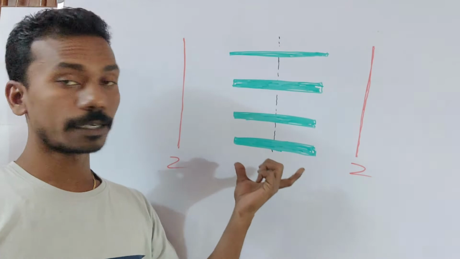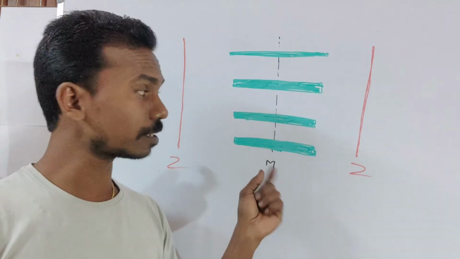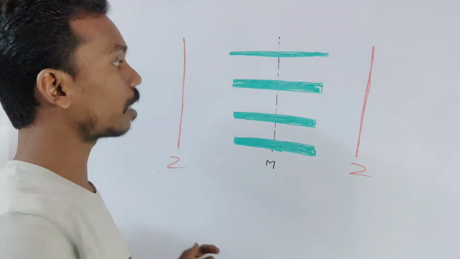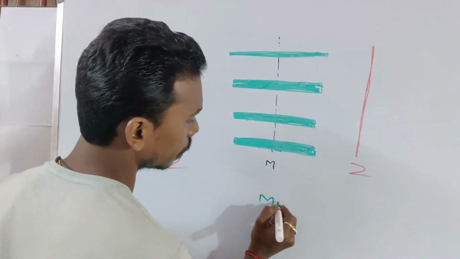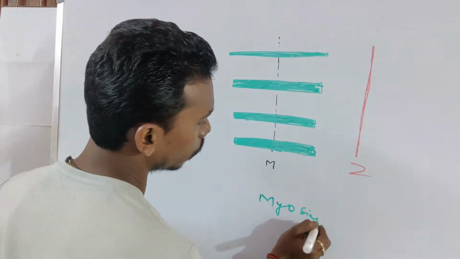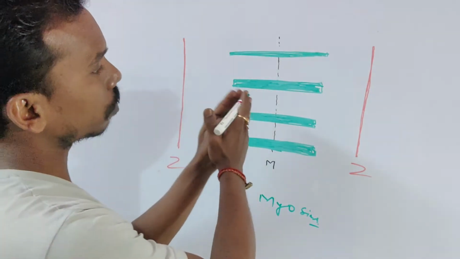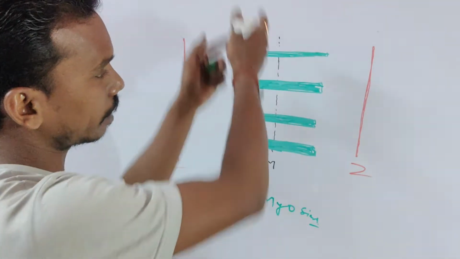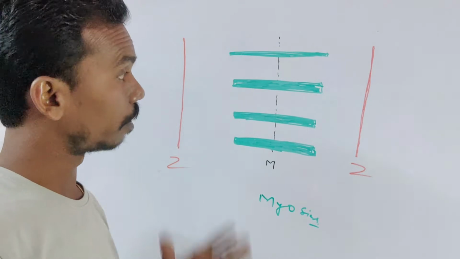These thick microfilaments are myosins, which run on both sides of this central M line.